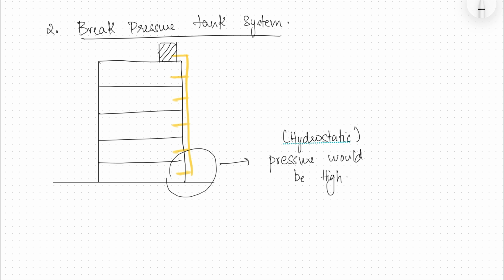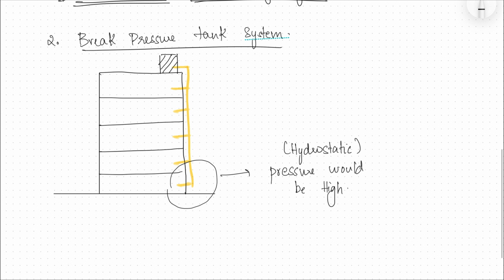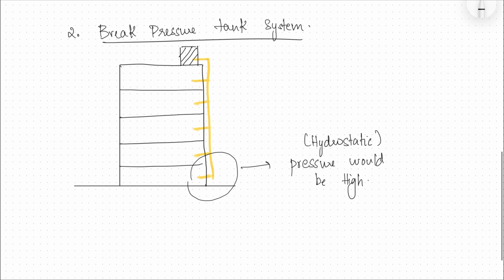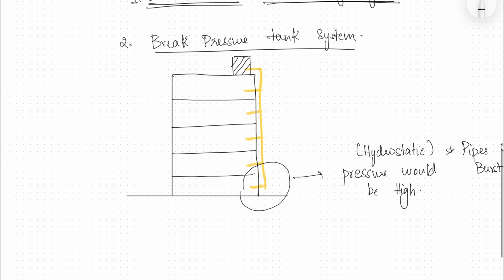Okay, and when the water flows from a multi-story building towards the end, it can flow at a very high pressure and at a high speed, and that could lead to your pipes bursting. Okay, your pipes can burst. So to reduce this pressure, they have tanks that are attached to different zones.